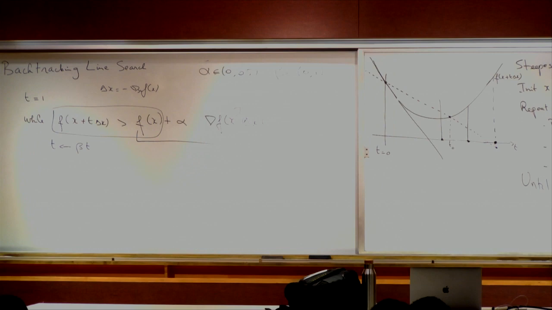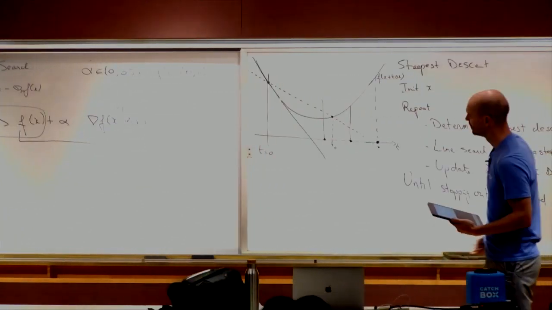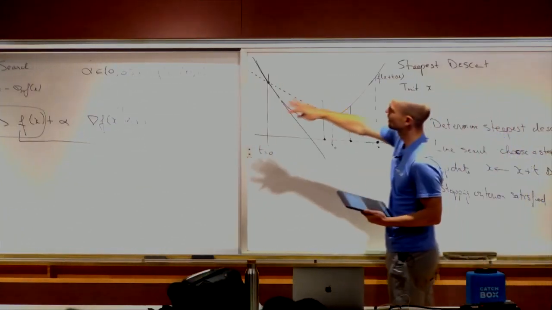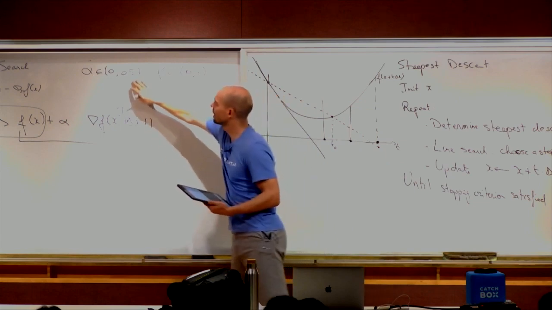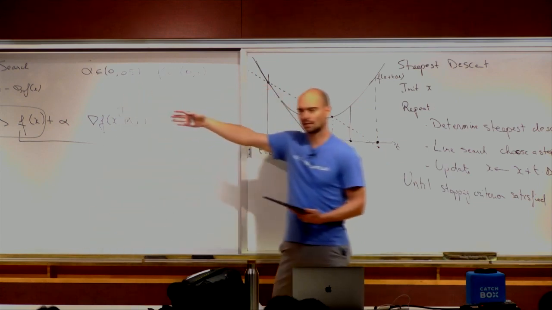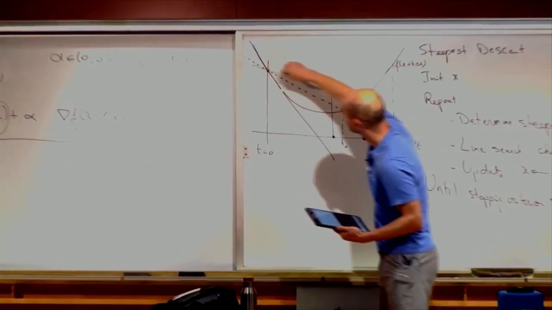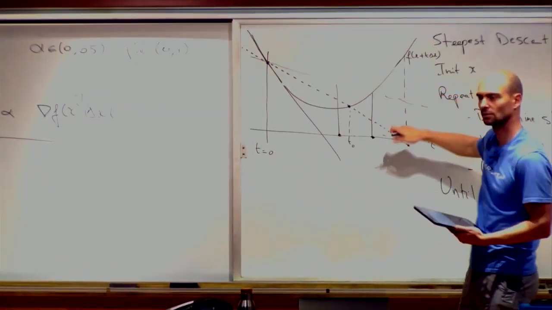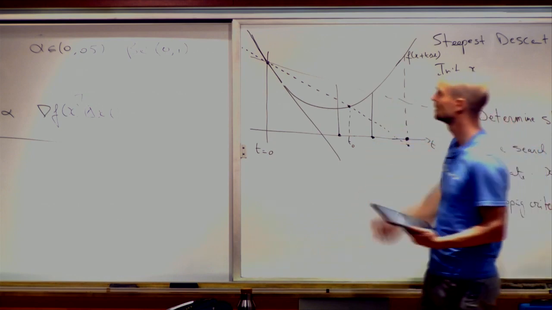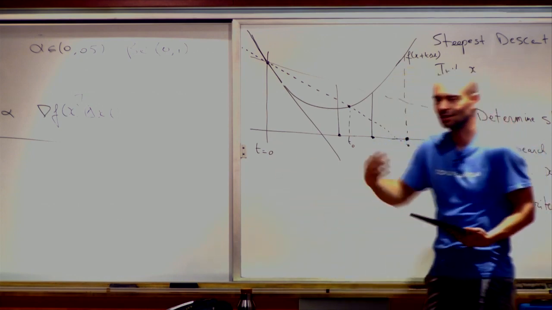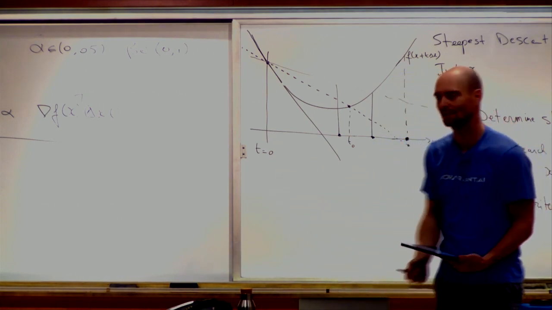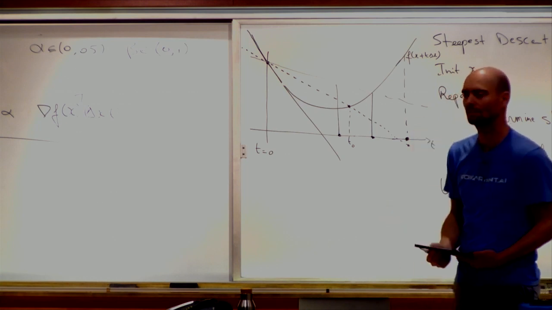But why alpha cannot be larger, it might be just a heuristic or it might be for guarantees. The closer you pick alpha to 0, the bigger your steps are going to be that you allow, because the closer alpha is to 0, the shallower the dashed line will be, and so the further out you get to go, but also the riskier, because the less you can trust your approximation. Yeah, it'd be worth looking up at some point.